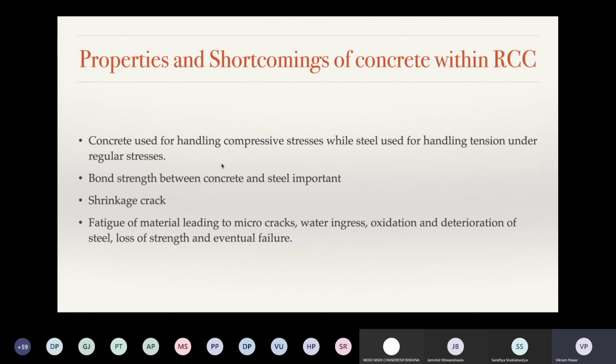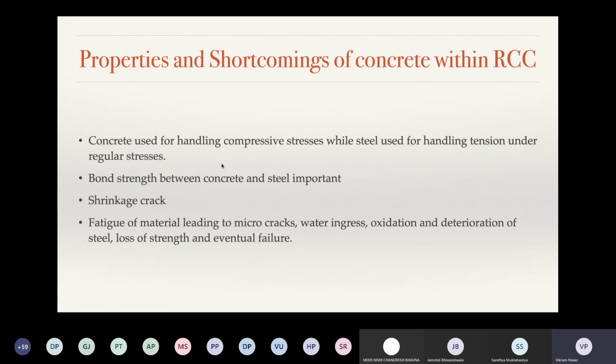No concrete is free of micro cracks. Every concrete, every brick, will have micro cracks. When these cracks happen in concrete, there is water ingress. Because of the water ingress, there is oxidation and deterioration of steel. Because of the deterioration of steel, there is further loss of strength of steel, and there is eventual failure.